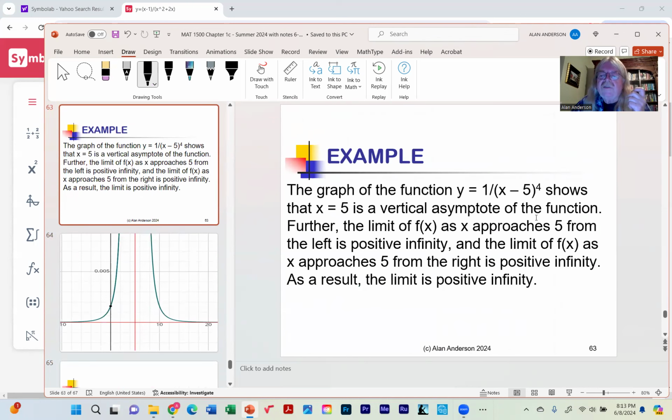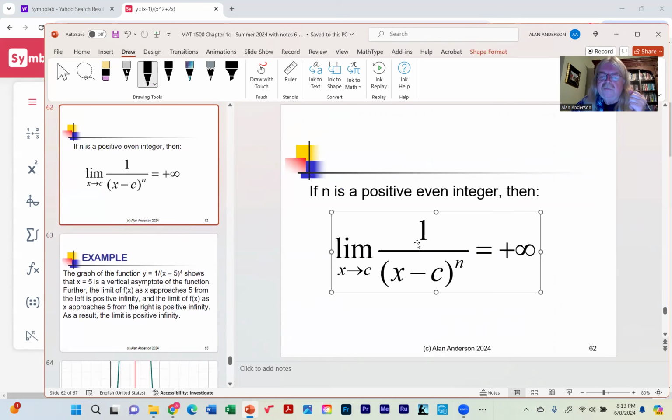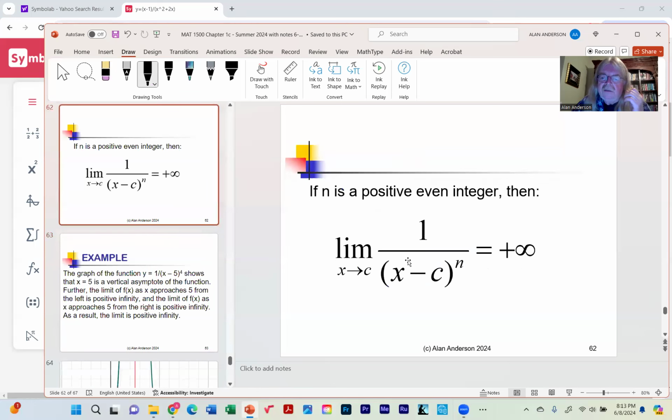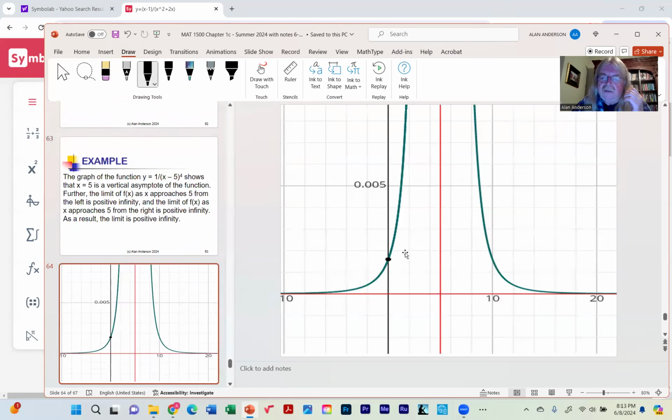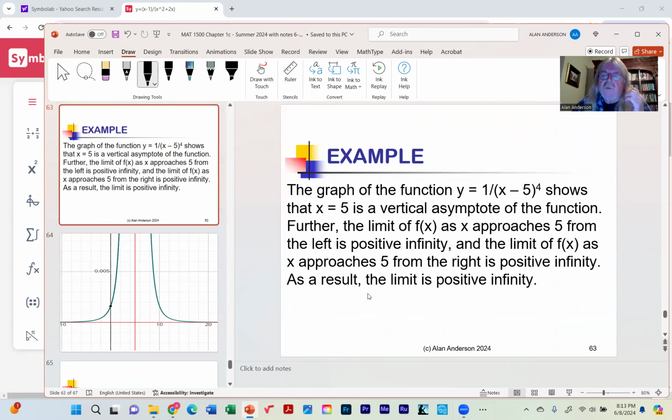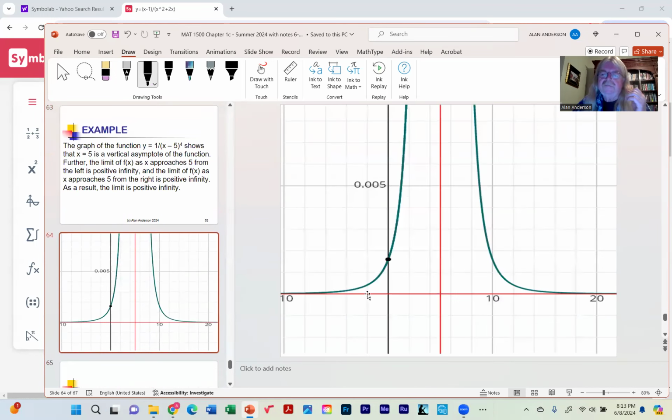1 over x minus 5 to the fourth. Okay. So as we approach 5, this is what we get. So we have 1 over x minus 5 to the fourth. And then the vertical asymptote is, of course, x equals 5.